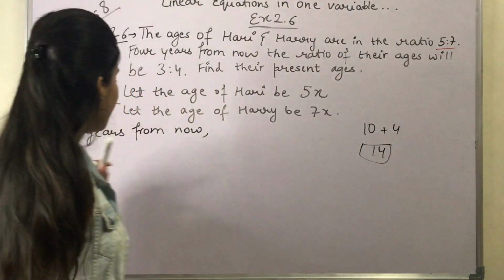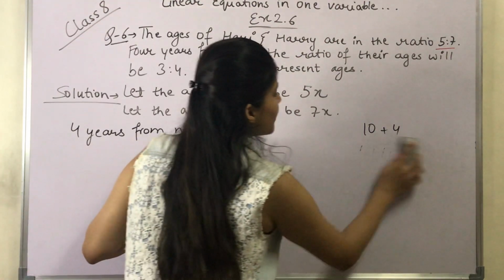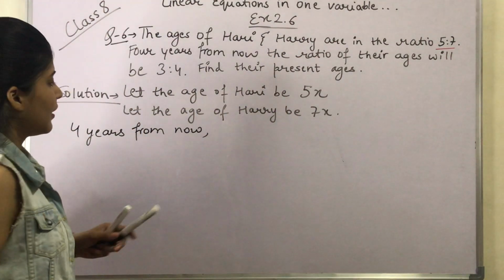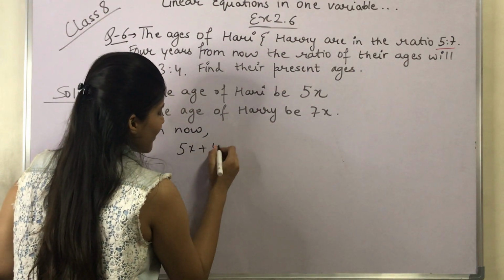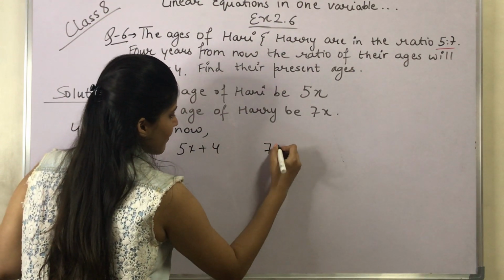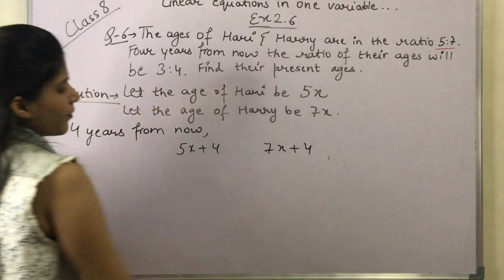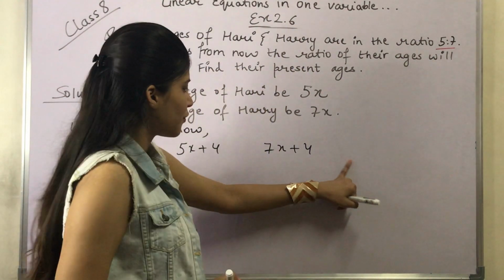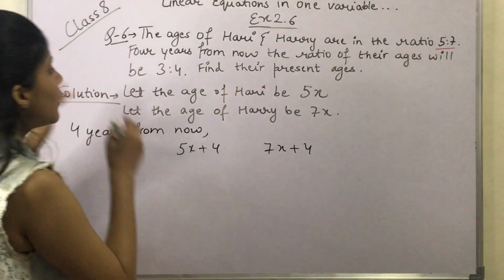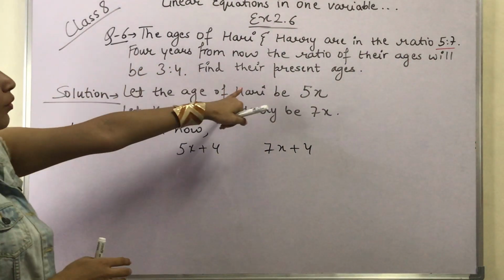Similarly, 4 years from now means we will add 4 to both the ages. So 5x plus 4 and 7x plus 4. Okay, till here it is clear. Why did we add 4? Because in the question it is given 4 years from now.